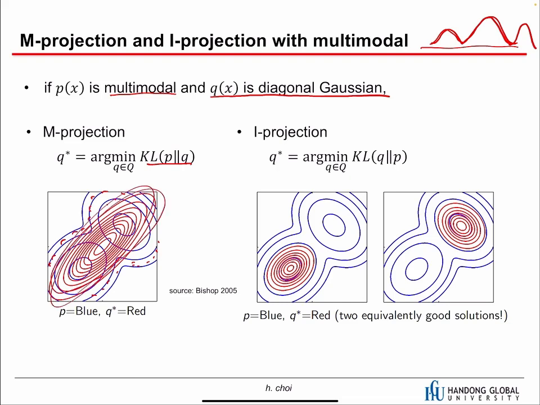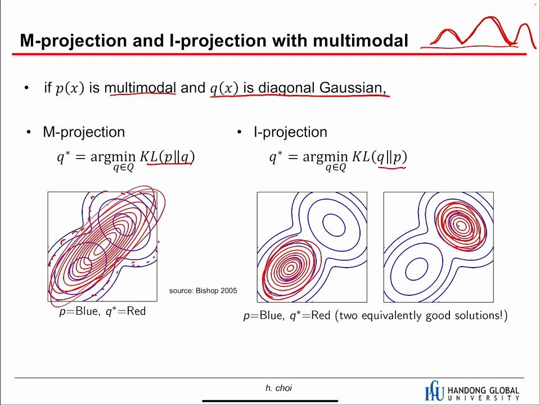But if we minimize this KL divergence between Q and P, then the samples are generated by Q. Then Q should be this way or this way. So we cannot have both at the same time, because Q is a diagonal Gaussian, so either this one or this one would be possible.